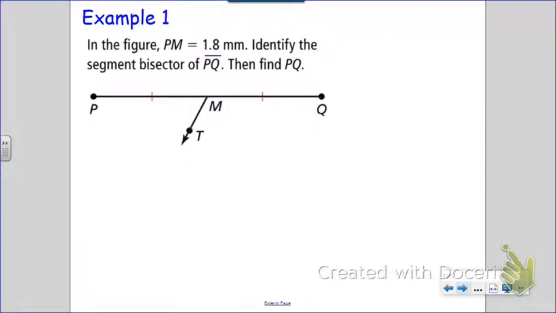Let's look at some examples. Example 1. In the figure, PM is equal to 1.8 millimeters. Identify the segment bisector of segment PQ and then find the length of segment PQ.